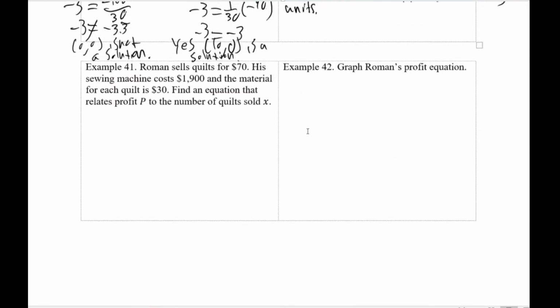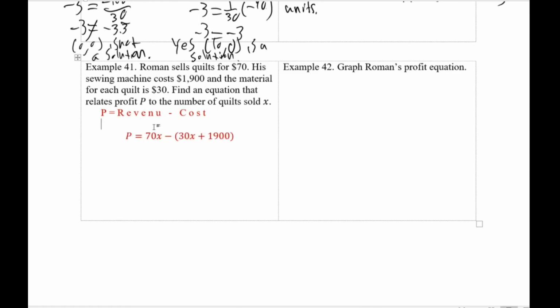Example 41. Roman sells quilts for $70. His sewing machine cost $1,900, and the material for each quilt is $30. Find an equation that relates P to the number of quilts sold. So first, we need to keep track of profit and cost. Revenue minus cost would be the profit.